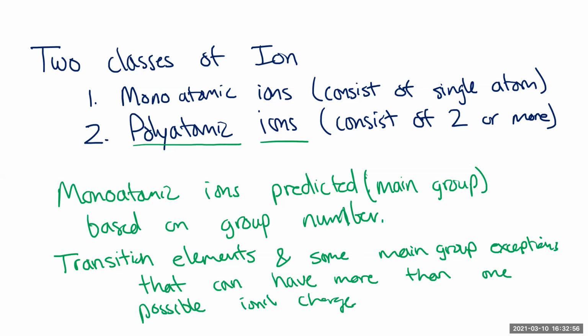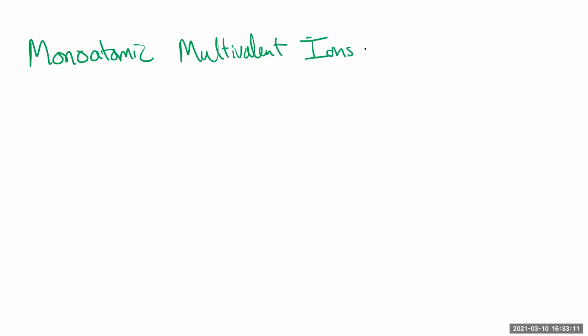Let us talk first about monoatomic multivalent ions. Those are the ones with different charges. So a few examples of these. When it comes to the main groups, there's only a few exceptions.